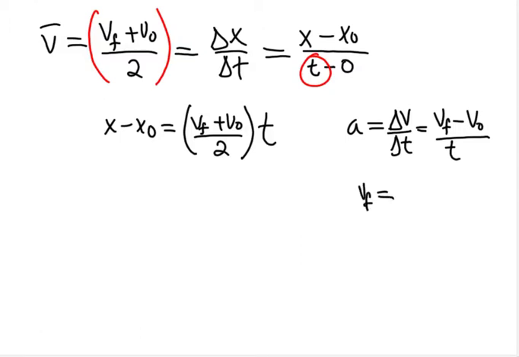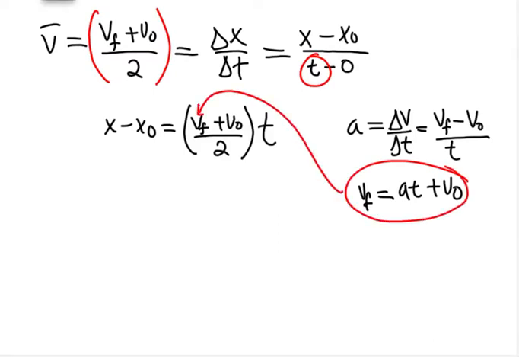The final velocity will be the acceleration times time plus v0, just taking this equation and rearranging it. Now what we're going to do is combine these two equations and take this right here, and we're going to substitute it in for the final velocity right there, and then just rearrange terms and simplify.